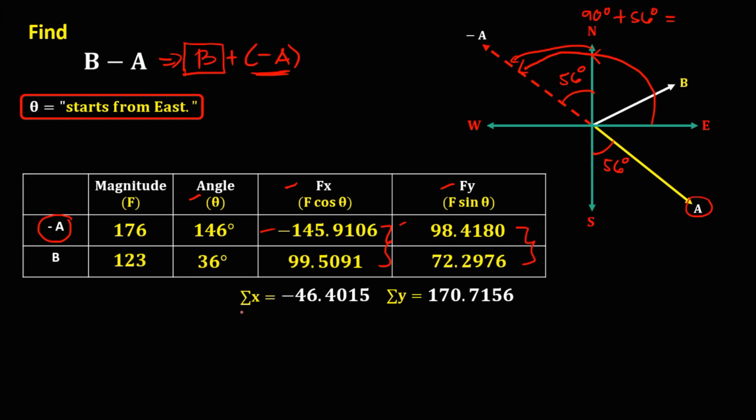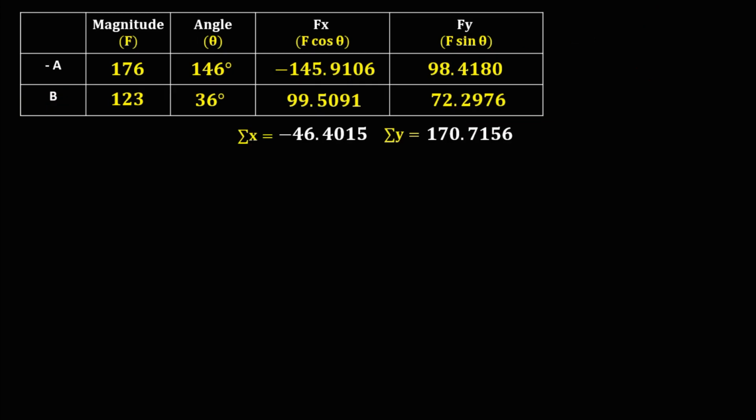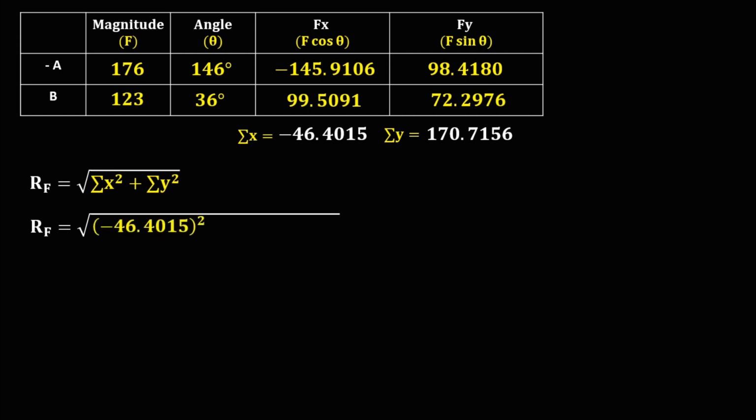So since we have now the values for the summation of x and summation of y, then we can find out the resultant force using this formula. So the summation of x is negative 46.4015, to the power 2, then plus the summation of y, that's 170.7156 to the power of 2.